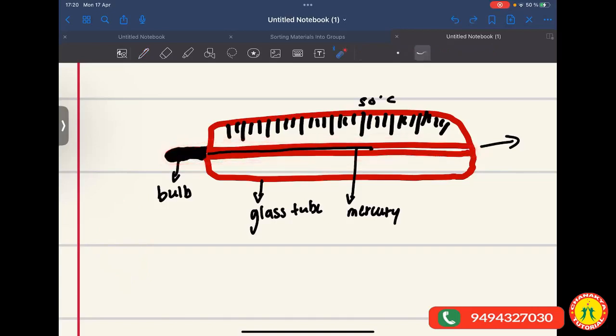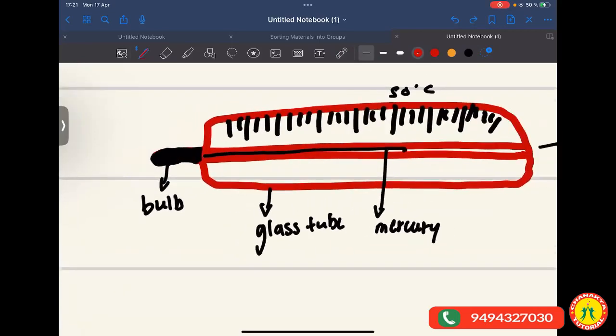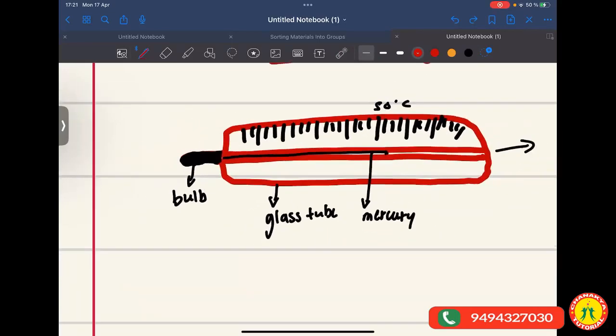All right, so the bulb contains mercury. Inside the bulb there's mercury. Okay, outside the bulb there's a shiny thread of mercury. You can see the dark red I've drawn. So this dark red is the shiny thread of mercury. The black one is just the mercury inside the bulb. This is the shiny thread of mercury outside the bulb.